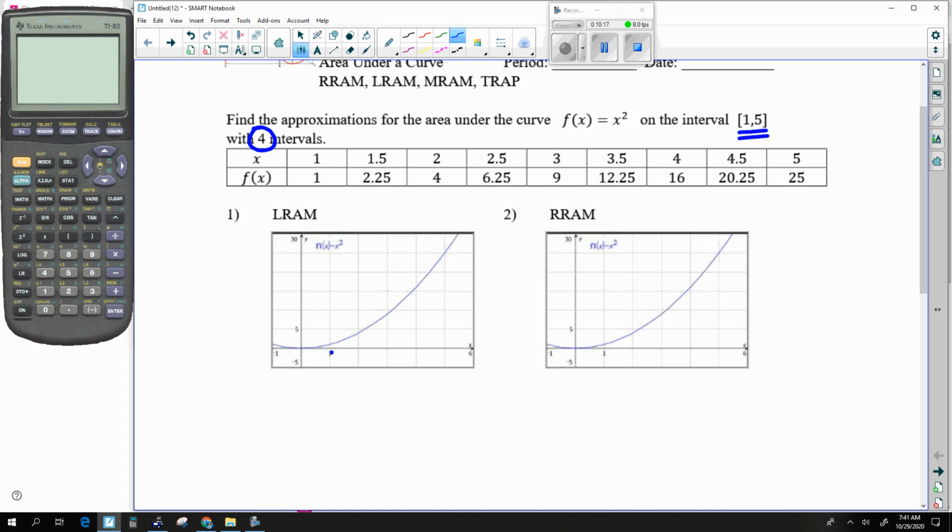All right, so looking at my table, this has a height of 1, this has a height of 4, this has a height of 9, this has a height of 16, and a height of 25.